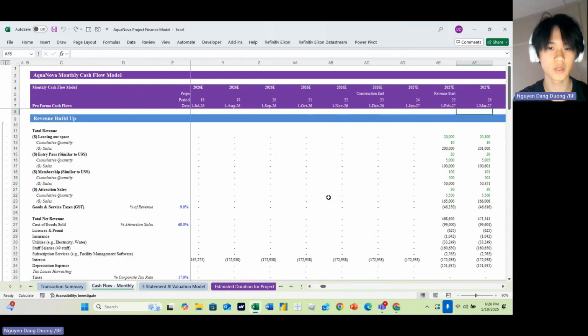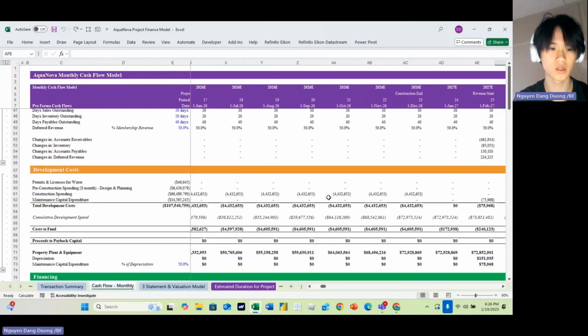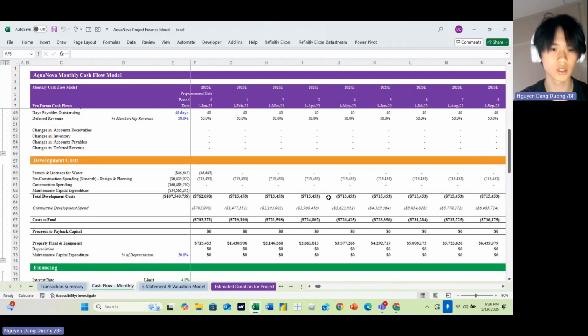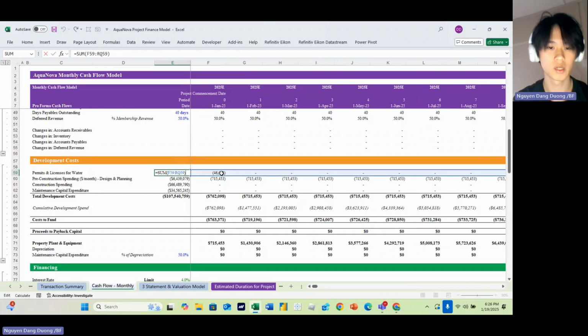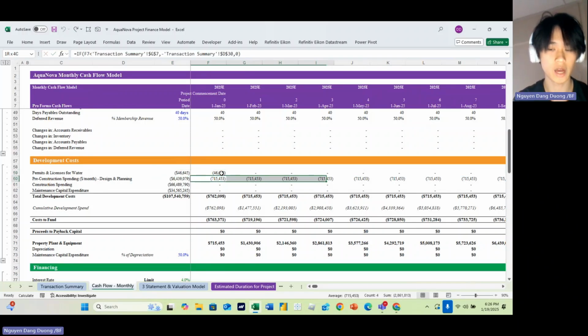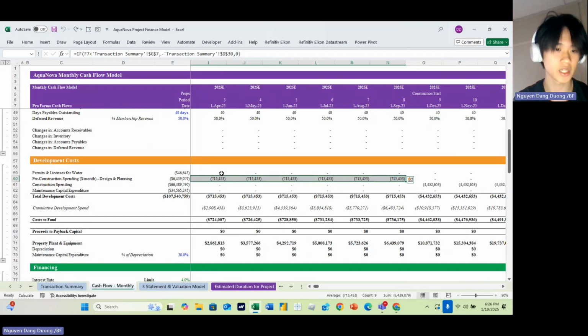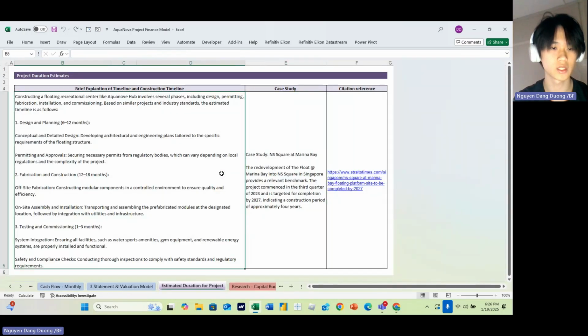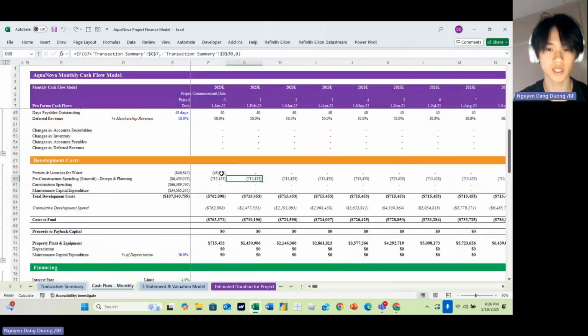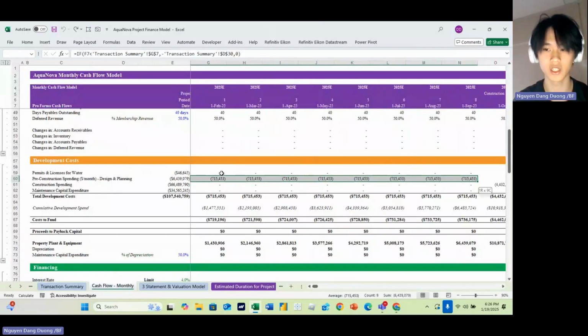Okay, so here let's skip down to the development cost. We have our one-time payments of our permits and licenses, and we have our construction design and planning capped at 10% of the construction spending. We assumed it takes 9 months, but it also can be changed.